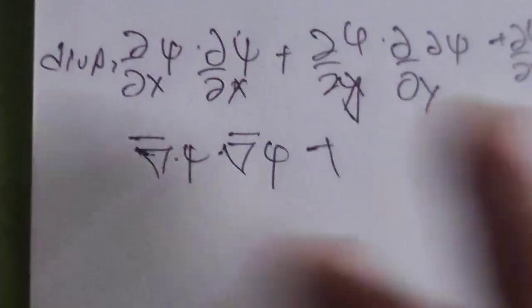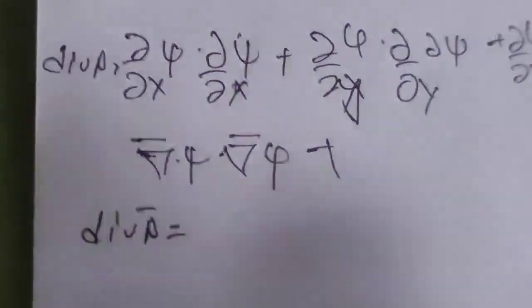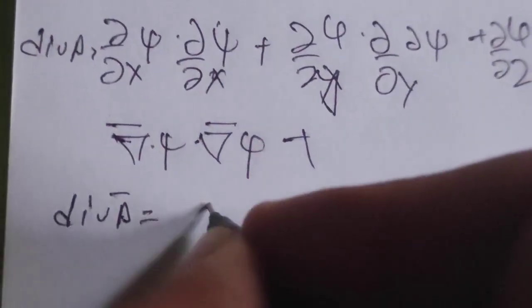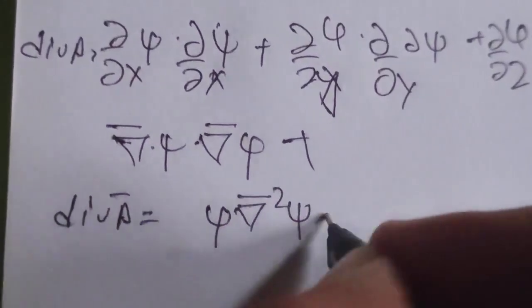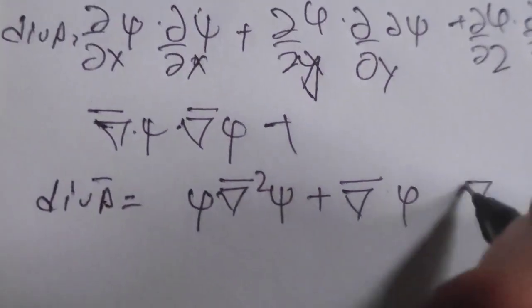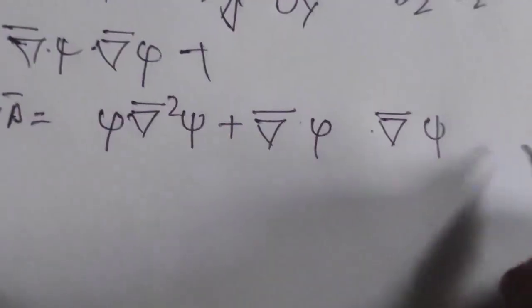So this is the whole value of the divergence of A. Let's put all this in equation 1: divergence A is phi Laplacian psi plus gradient phi dot gradient psi.